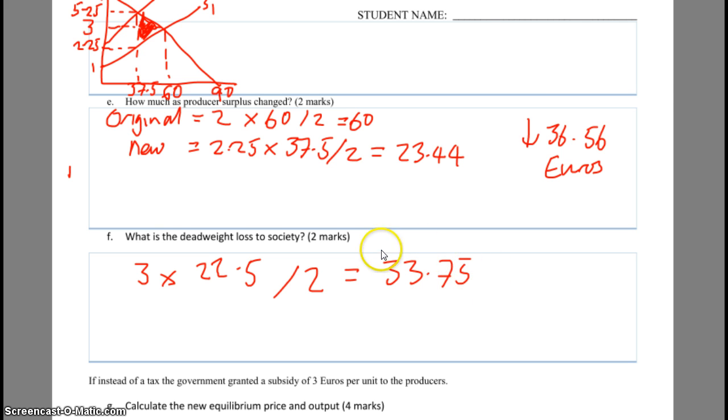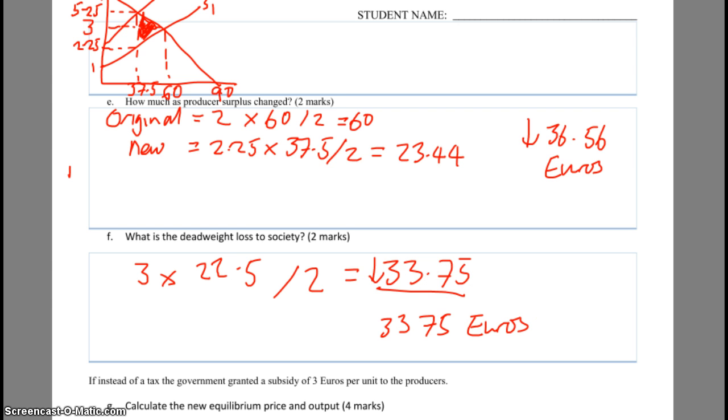Okay, so loss to society. And again, we could report that in hundreds if we need to, so 3,375 euros. Okay, popping those along. Okay, so that is the deadweight loss to society.